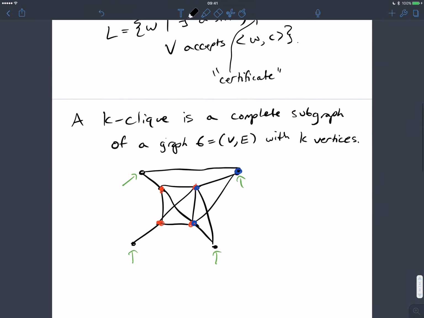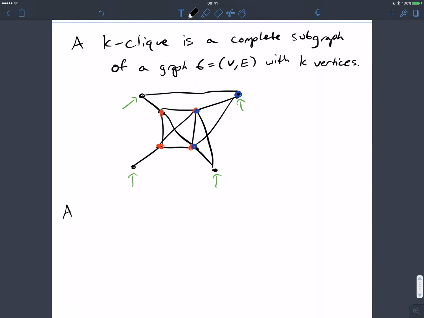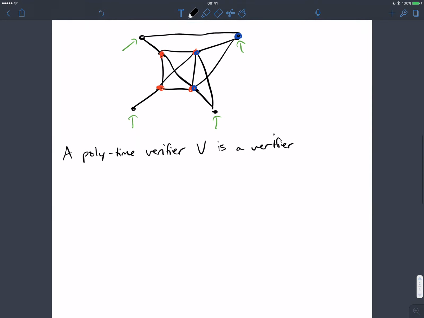So here, instead of just an arbitrary verifier, we're going to say a polytime verifier. V is a verifier that runs in polytime in that input W, C. This seems kind of redundant.